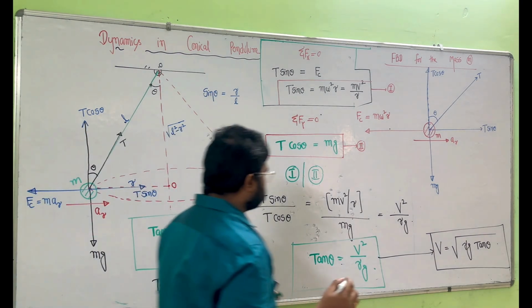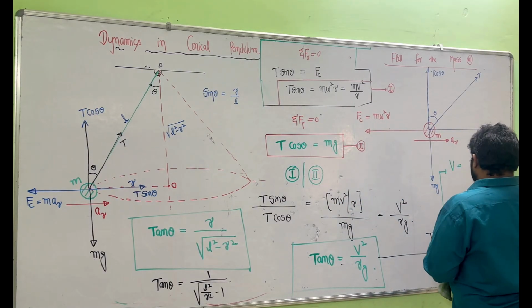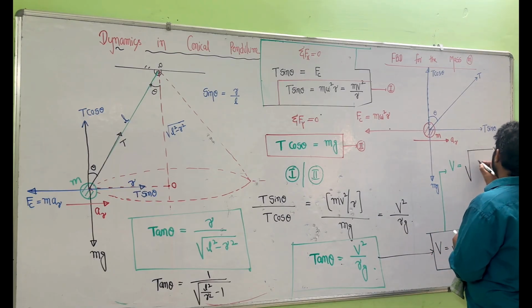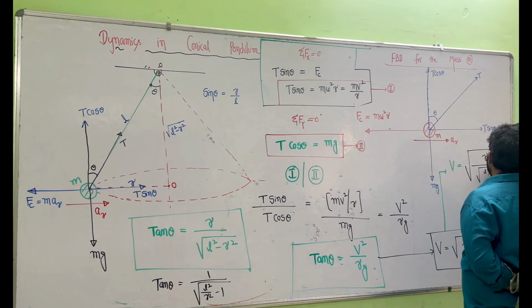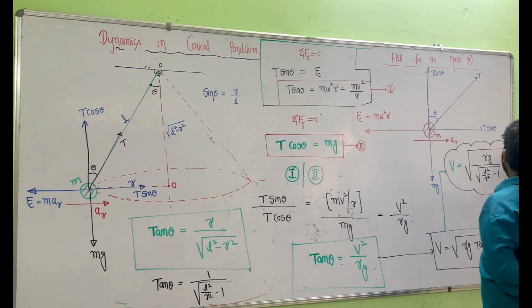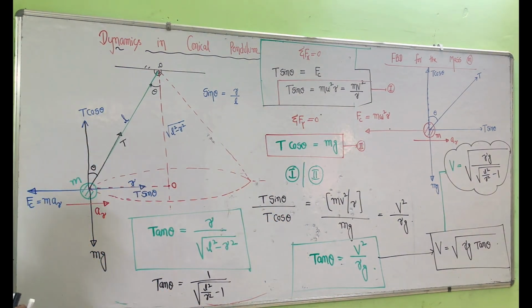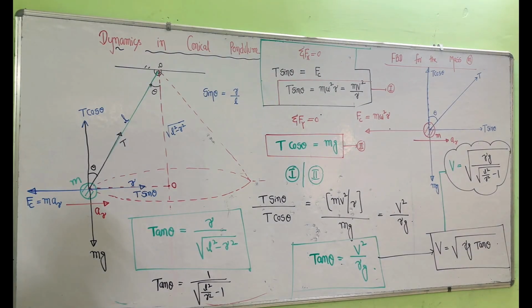If you substitute that here, what is obtained for velocity V? The square root of Rg by the square root of L square by R square minus 1. Understood? Tan theta equal to this.